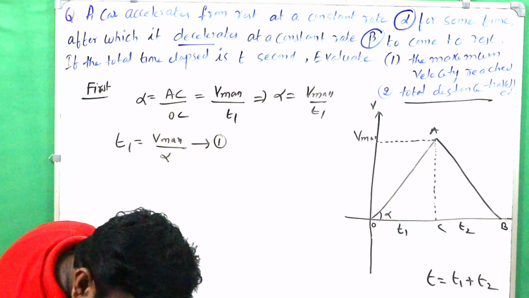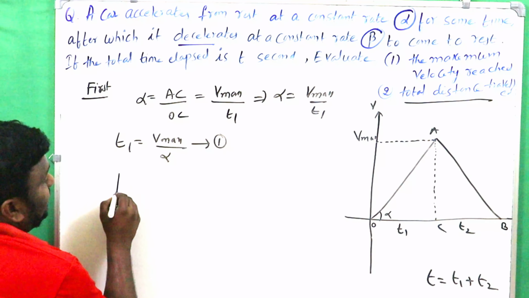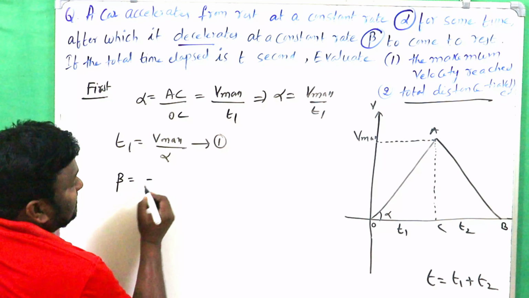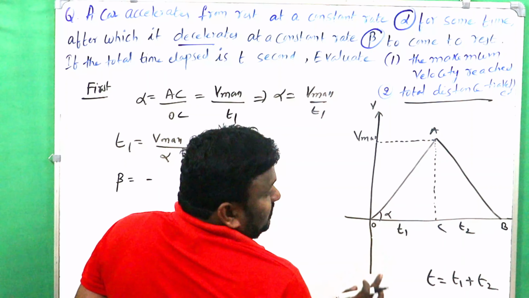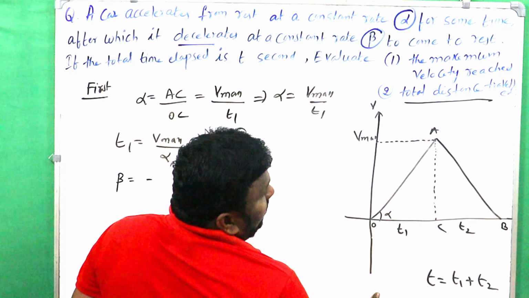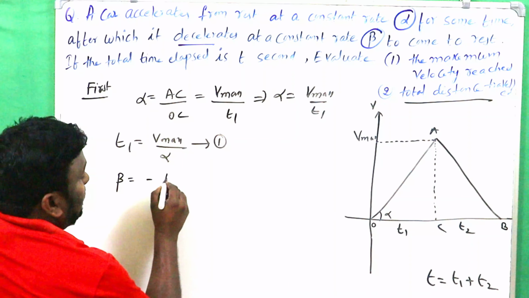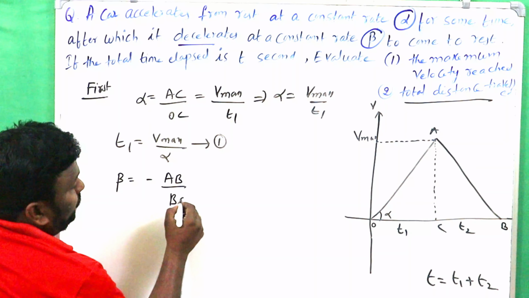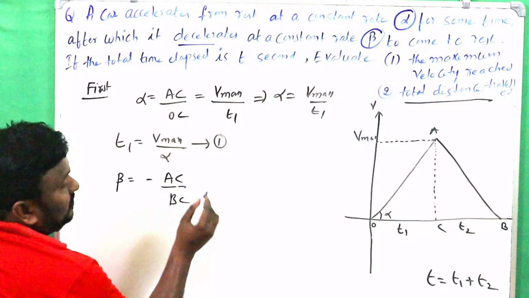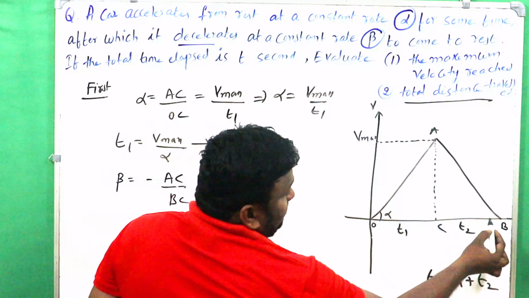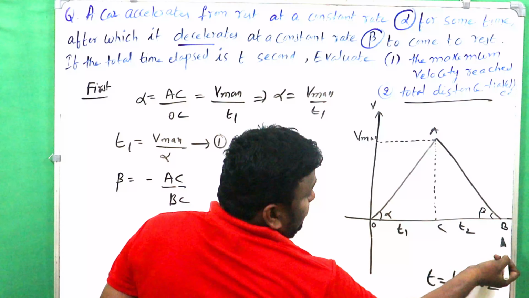And similarly for the second part we can write beta is equal to the slope, AC by BC.